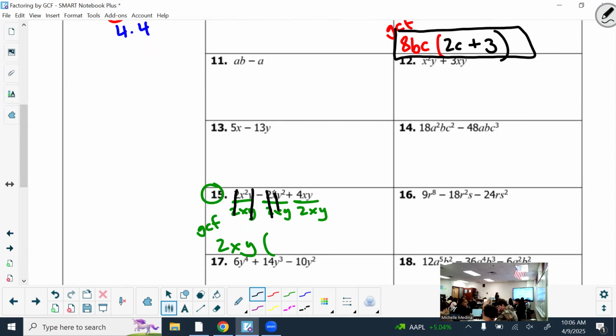The x's cancel in this one. Over here, the x and the y cancel. Now we're just dividing this one. What's x squared divided by x? Good, just x. There's a minus here. And what's y squared divided by y? And lastly, what's 4 divided by 2? That's that.